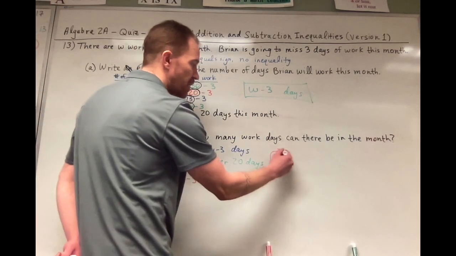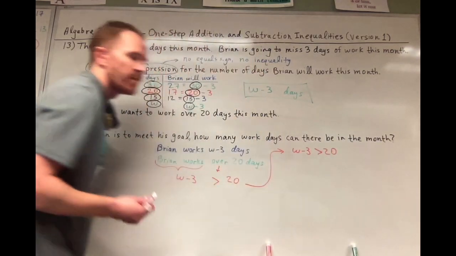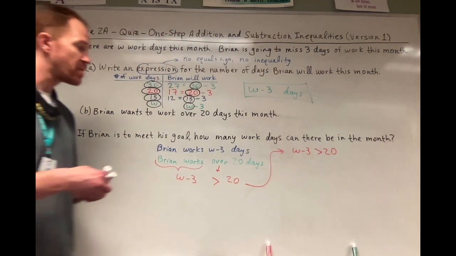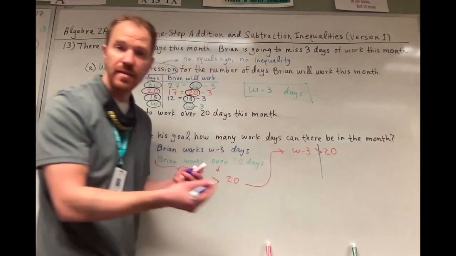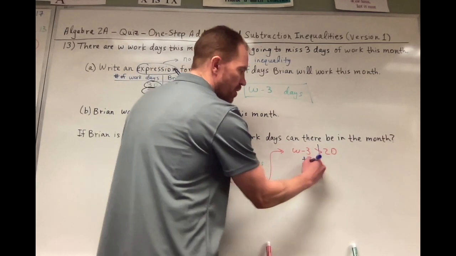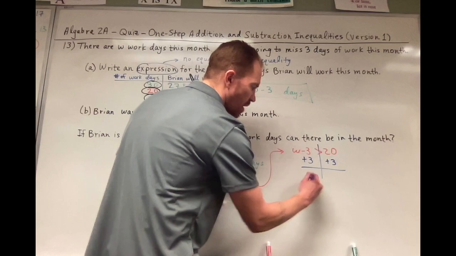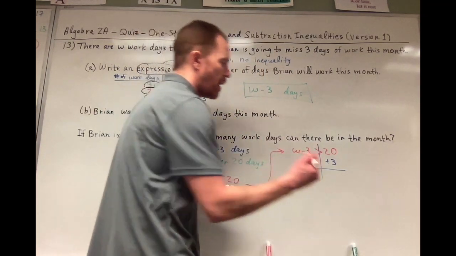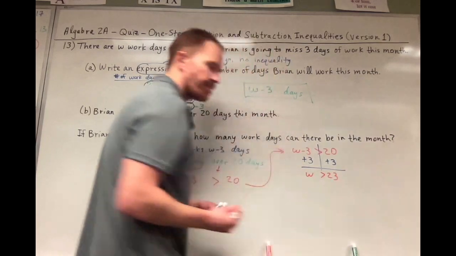If W minus 3 is greater than 20, we said that solving an inequality is just like solving an equation, except you have an inequality symbol in it, and sometimes you have to flip the inequality. But I would add 3 here to cancel the minus 3, balance there. I'd get just W here, and I'd have W is greater than 23.